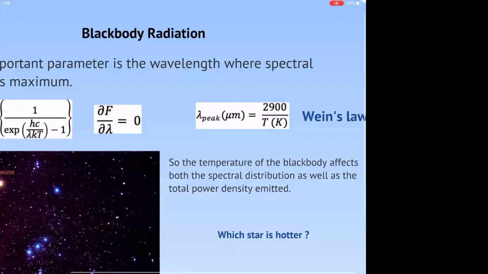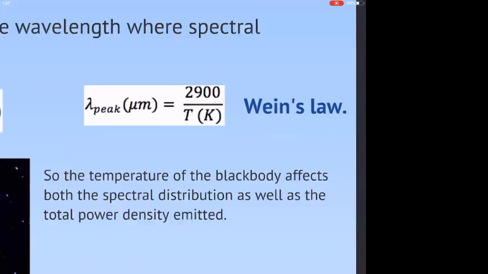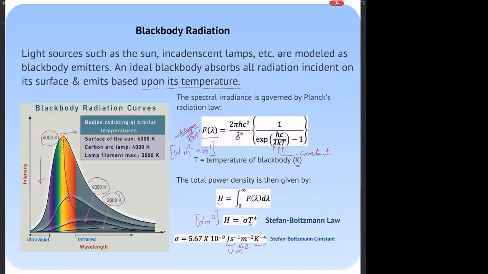You'll end up with a very simple expression, which is called Wien's law, which is the peak wavelength is some constant, in this case 2900, divided by T, temperature in Kelvin. So of course it's inversely proportional to T, which makes sense, right? Here we saw that the peak moves to shorter wavelengths as temperature increases. So the lambda peak is inversely proportional to temperature.